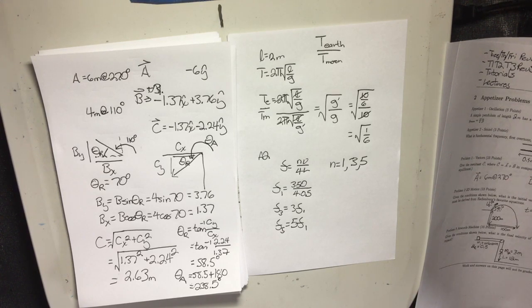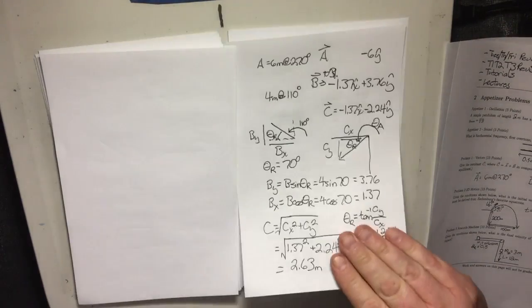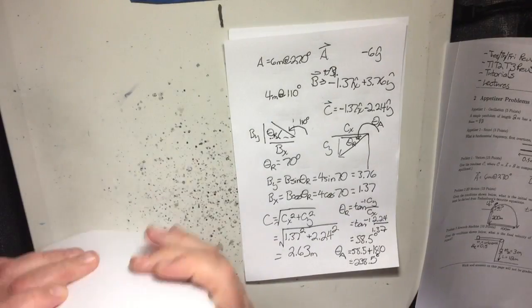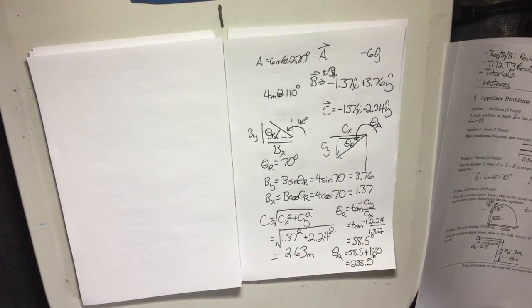So that's where I get -6 y hat. That's a vector addition problem. Granted, I did it fast, so it's not real pretty, but it shows the conventional steps. Add them, break them, recombine.